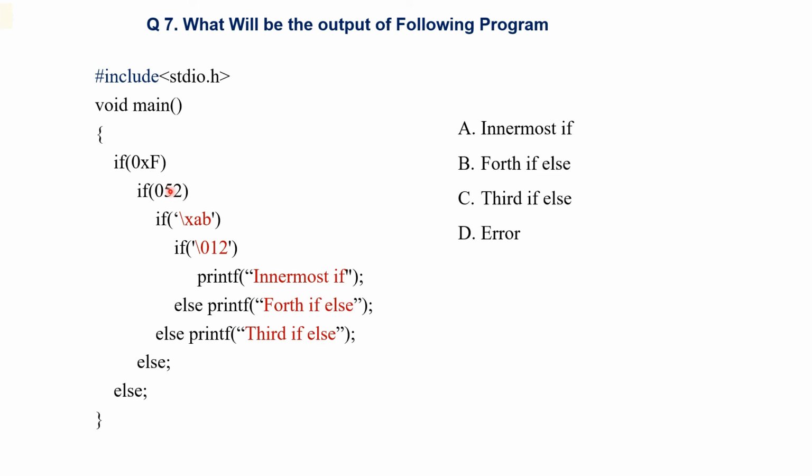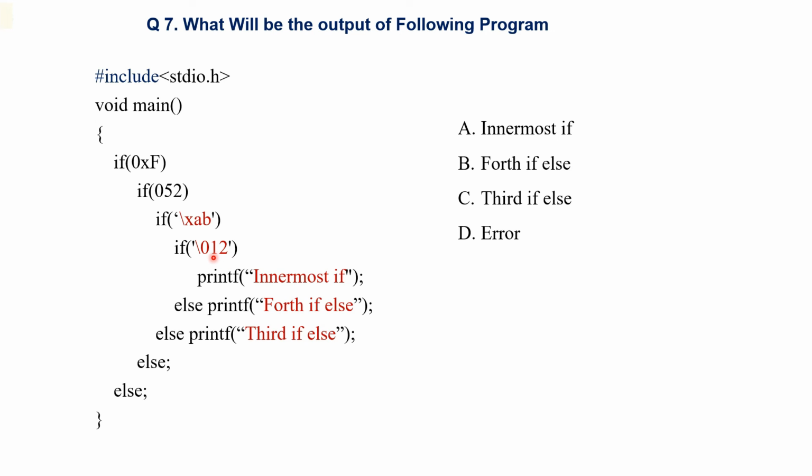So as this condition is true, control will be transferred to the next if statement, where the expression is backslash xAB. So this is a hexadecimal character constant, which is again a non-zero value. So therefore this is true. So as this is true, control will be transferred to the next if statement and the next condition will be evaluated.